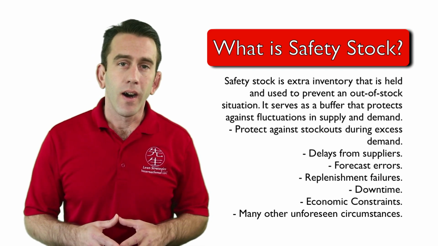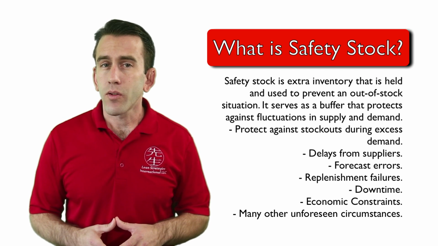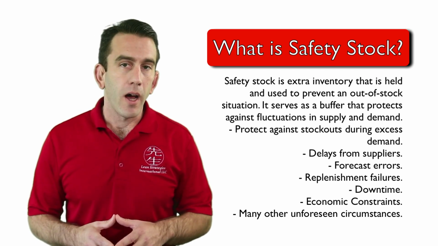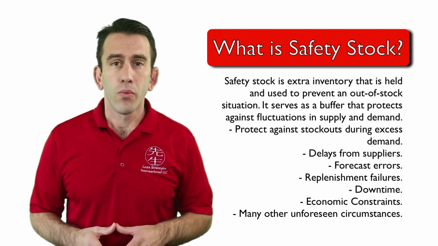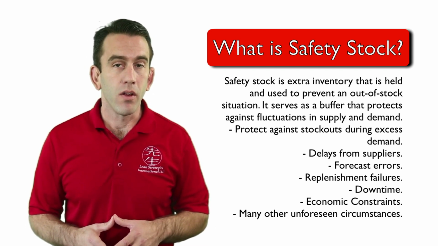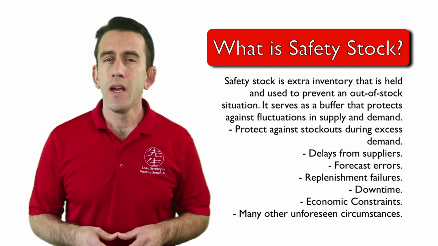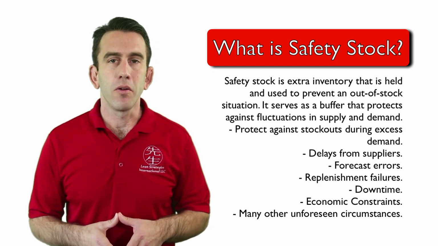This safety stock can help an organization protect against excess demand, delays from suppliers, forecast errors, replenishment failures, downtime, economic constraints, and many other unforeseen circumstances that may occur in supply and demand.